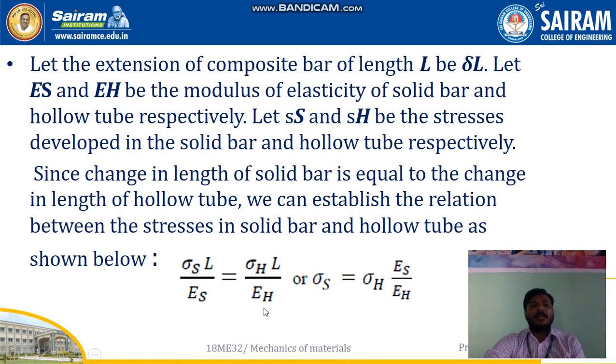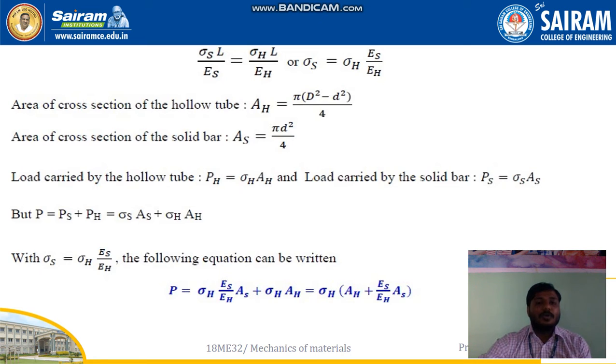This shows the established relation between the stresses in the solid bar and hollow tube. We can rewrite that equation as sigma s, the solid bar stress, into length divided by modulus of elasticity of the solid bar, equal to this equation.